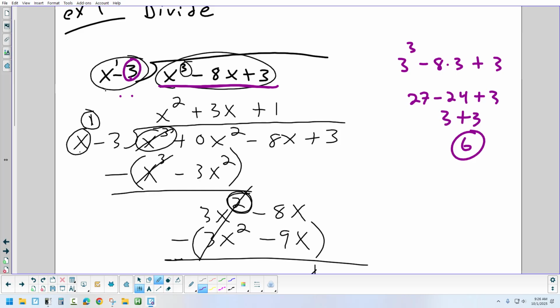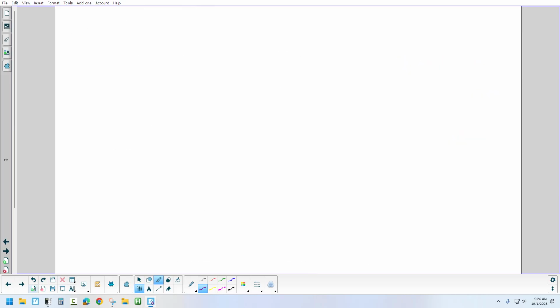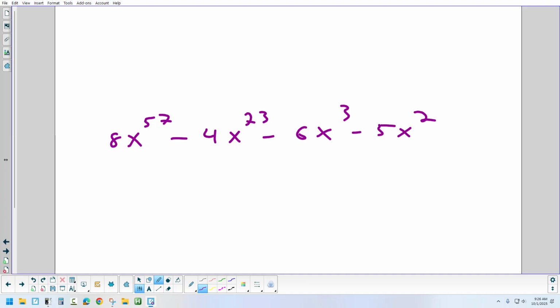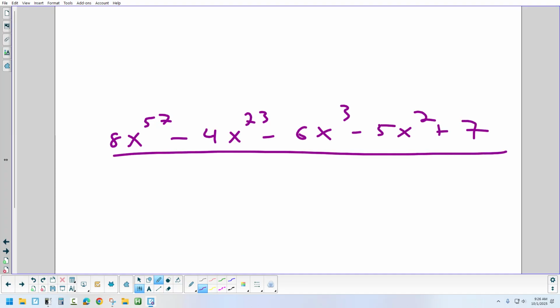So now I could give you some insanely long numerator, 8x to the 57th minus 4x to the 23rd minus 6x cubed. And I could ask you, what's the remainder when you do that problem? I wouldn't ask you for the quotient. Because remember, if you're doing long division, you've got to fill in zeros for every term you're missing.